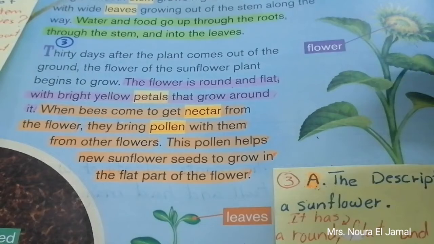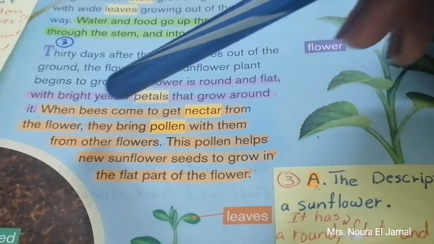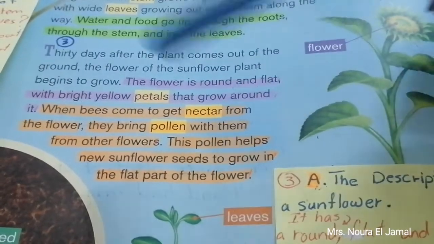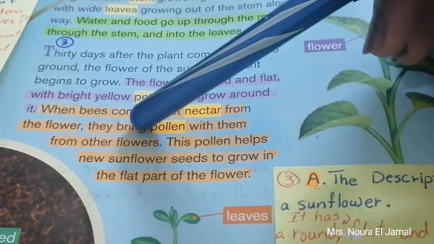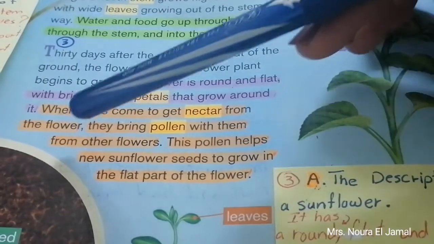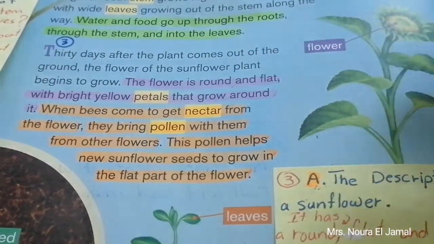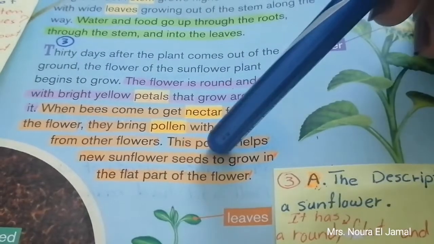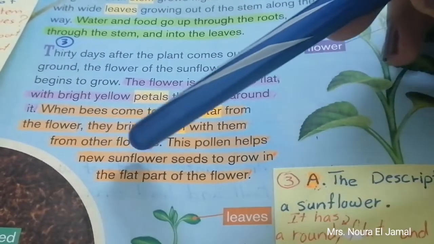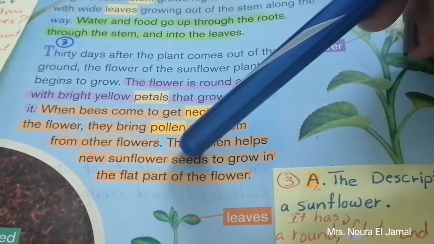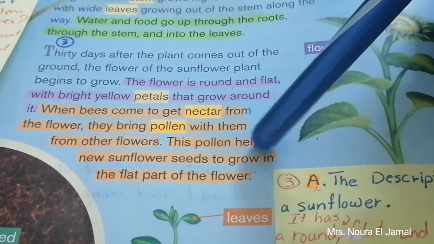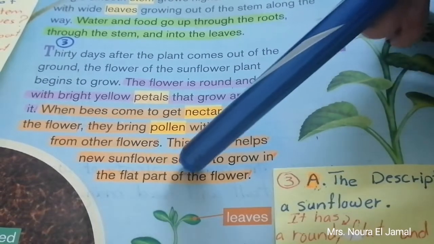Concentrate in this part. When bees come to get nectar from the flower, they bring pollen with them from other flowers, the powder. This pollen helps new sunflower seeds to grow in the flat part of the flower.